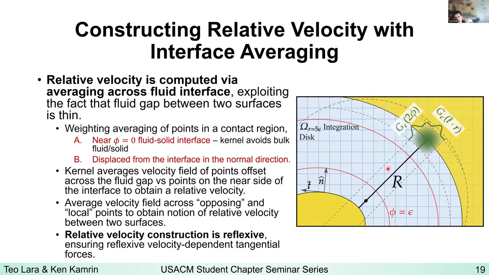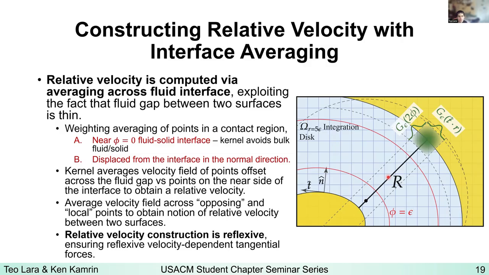And we are assuming that there are many, many more grid points in the actual size of these objects, such that this sort of bulk average velocity is representative of the global velocity of these moving objects. And importantly, this relative velocity construction is reflexive, right? So each side obtains the same relative velocity, given a minus sign, such that your forces, which scale with this velocity, are actually reflexive as well.